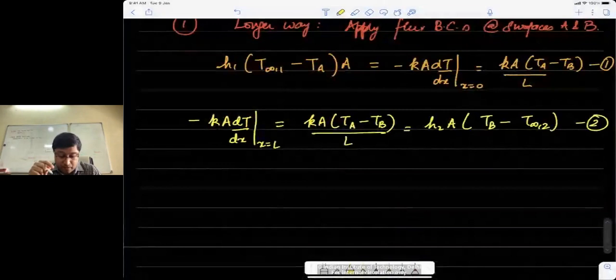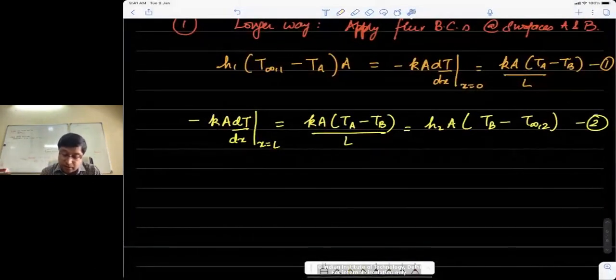So one thing you should notice is that the conductive flux, or the conductive heat transfer, is the same in both equations. So I can actually rearrange this equation in a certain way.